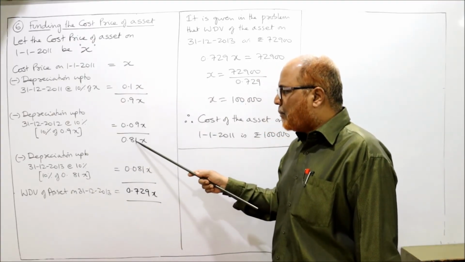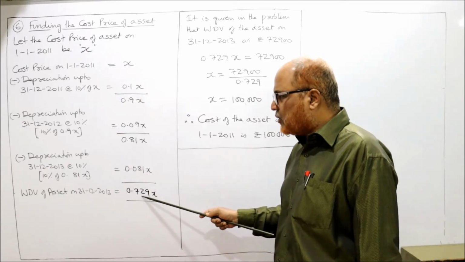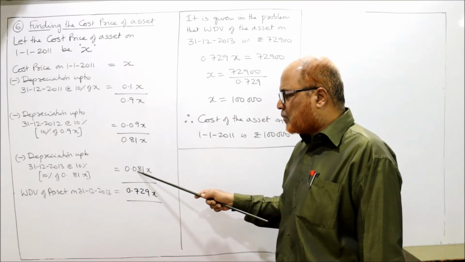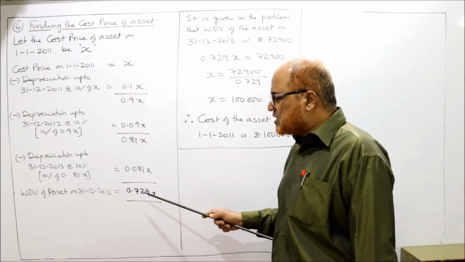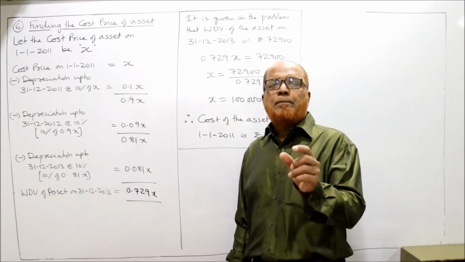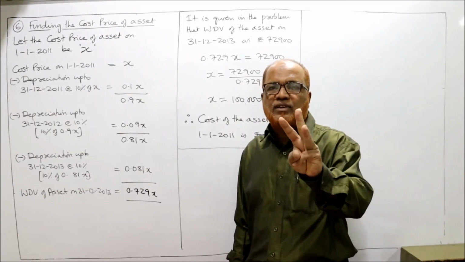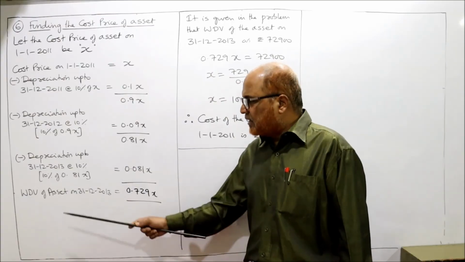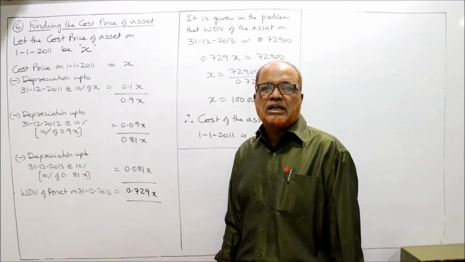Now subtract 0.81 minus 0.081, and you will get 0.729X. What is this 0.729X? It is the depreciated value, or written down value, at the end of the third year, the WDV of the asset on 31st December 2013.